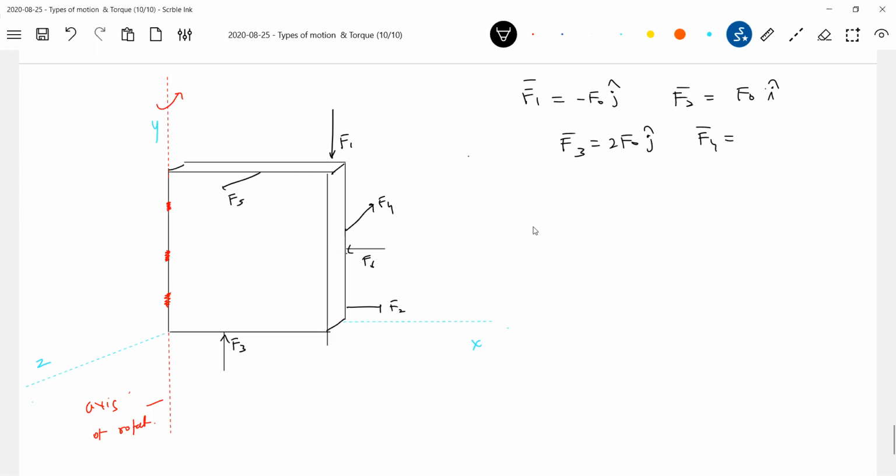F4 is equal to minus F0, or say like a minus 3F0 K cap. F5 is equal to 2F0 plus K cap.